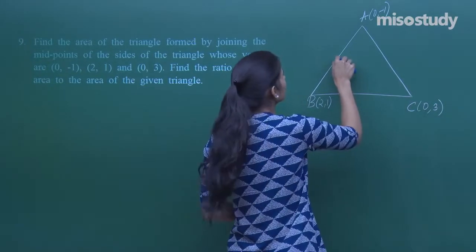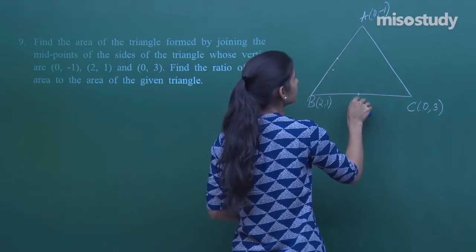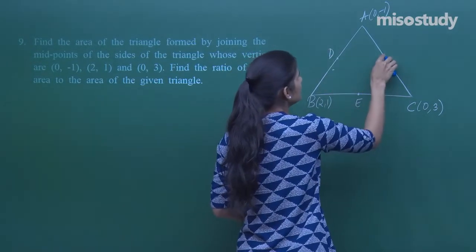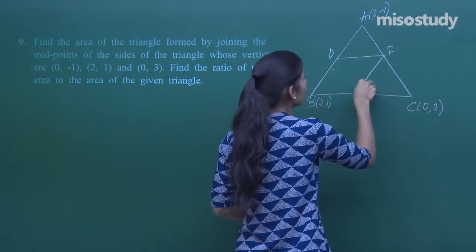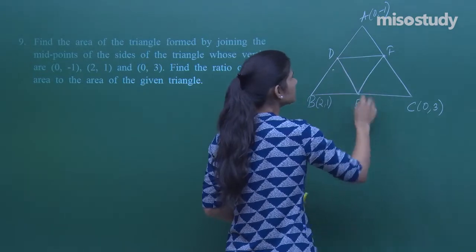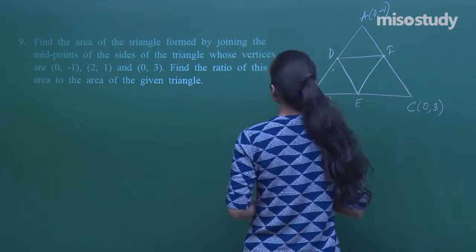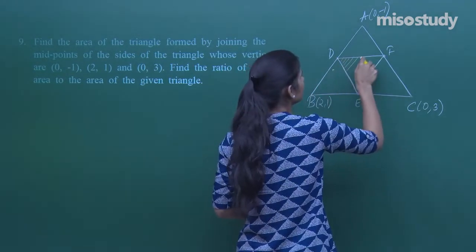And the midpoints are supposed to be taken into account. So these are the midpoints of the respective sides, and the triangle so formed is this. It is saying find the area of this triangle.